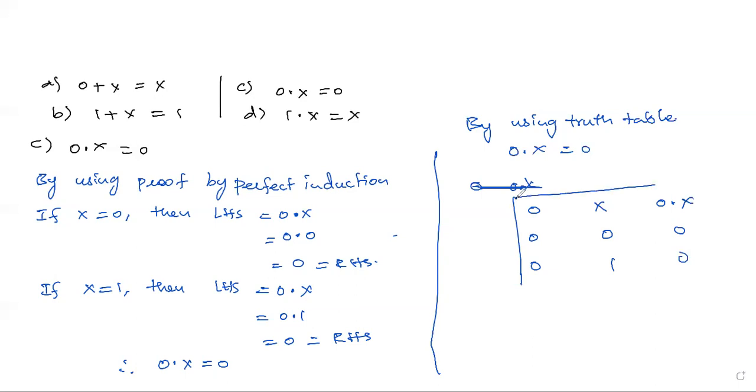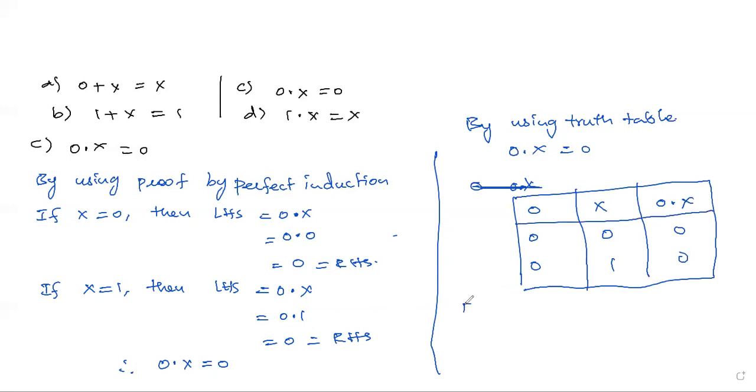So from this truth table, by observing the columns of x and 0 and x, both values are the same.